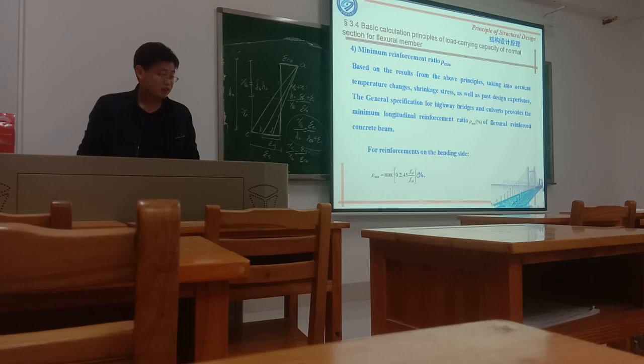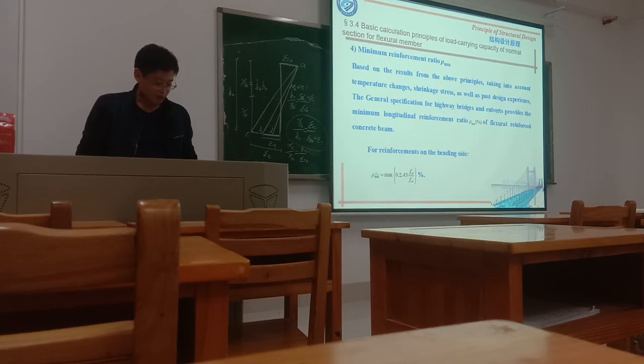ftd is the tensile strength of the concrete. fsd is the tensile strength of the reinforcement. So between these two values, use the larger one as the minimum reinforcement ratio.